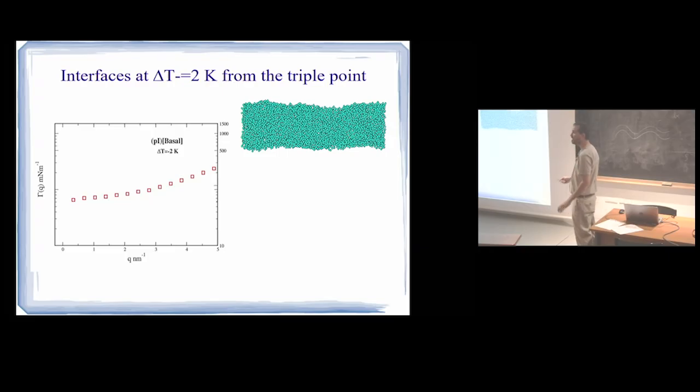Okay, I'm going to start with an easy interface. This is the liquid-vapor system. This is a bulk slab of liquid, and on top of it is vapor. It's vacuum essentially, and I have a realization of the disorder. Okay, and I make many such snapshots and get my surface fluctuations. And from my surface fluctuations, I get the wave vector dependent surface tension. It looks like this.